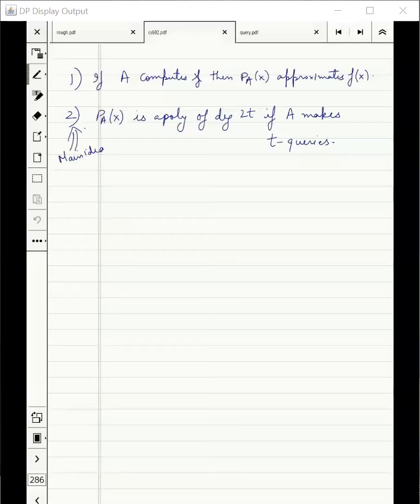So if A computes F, then P_A(X) approximates F, and P(X) is a polynomial of degree 2t if A makes t queries, right? This should tell us something about the approximate degree of F. Can you tell me what does it tell us?